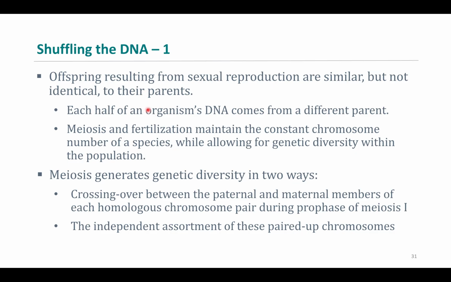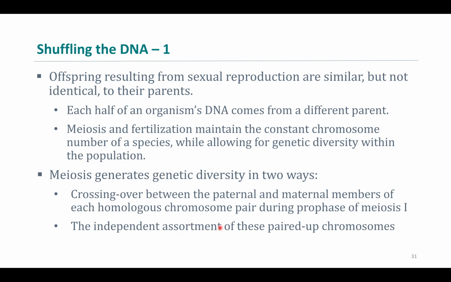Now, when you look at the meiosis process, all four cells are pretty similar. But if you look at even the offspring in the same family, they are very different. They are similar to the parents, but they do have some differences too.